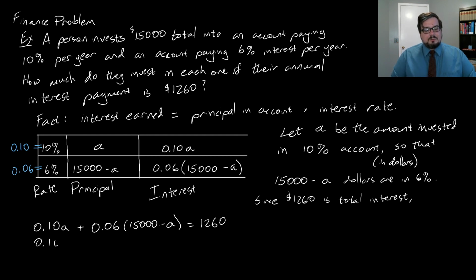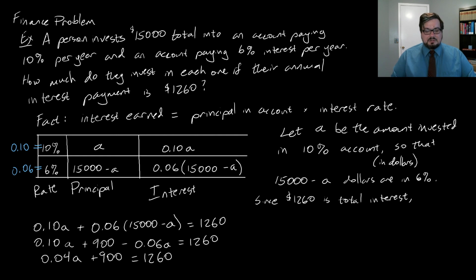So, simplifying this out, 0.10A plus, now 6% of 15,000, that's going to be 900 minus 0.06A equals 1,260. Simplifying things down on the left further, we get 0.04A plus 900 is equal to 1,260.